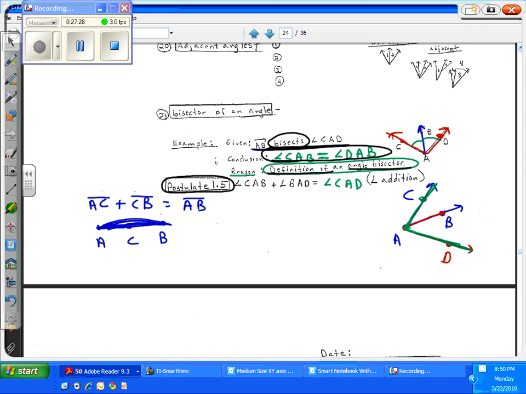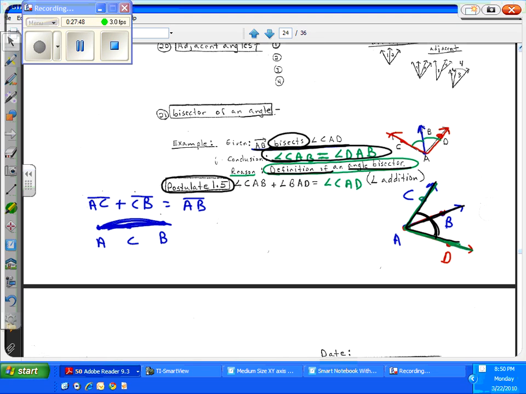Now, notice again that that was a postulate. A postulate is not something where we took some rules that we learned and some definitions and put them all together in our head, doing a little bit of work on paper and reaching a conclusion mathematically that that must be true. We simply drew a picture.